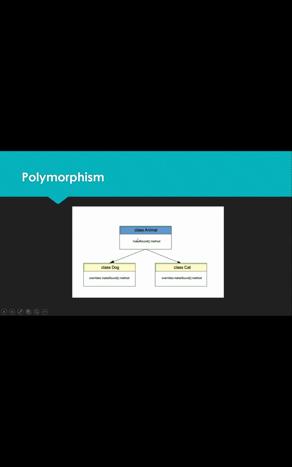In the parent class you will have a method, and the same method will be in the subclasses as well. Usually all animals will make sound; the same method is there in class Dog as well as class Cat, but both the outputs won't be the same, so we call that polymorphism.